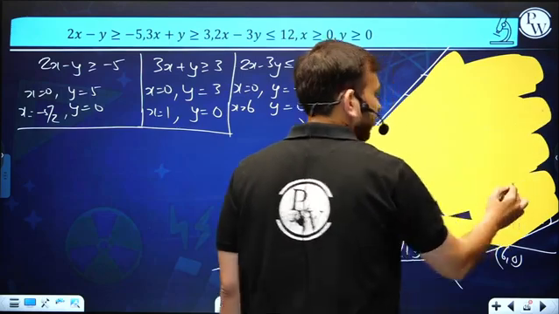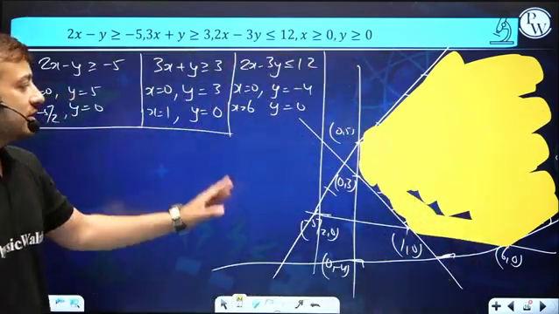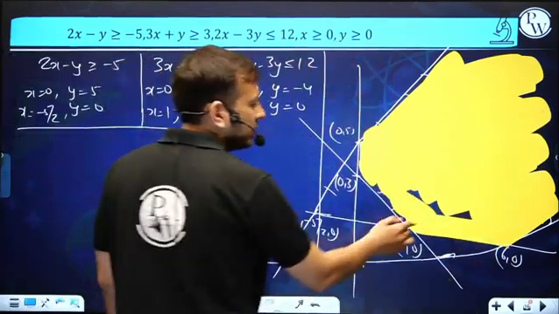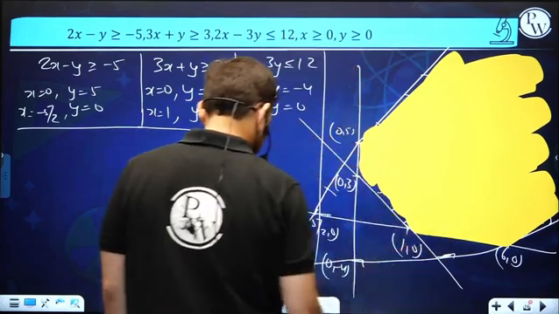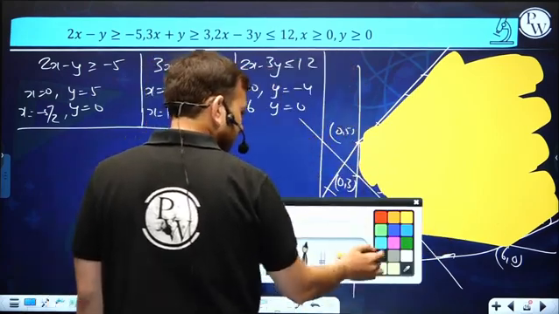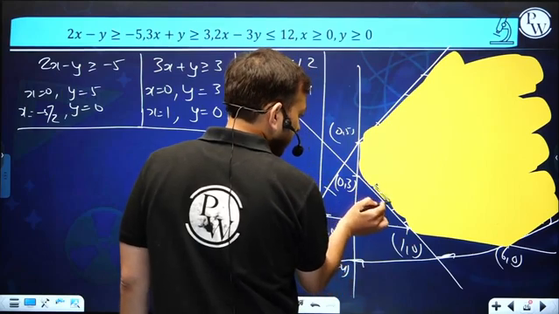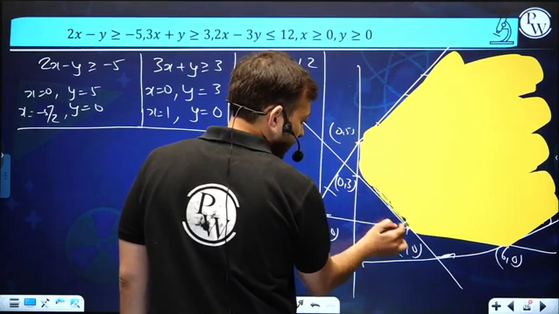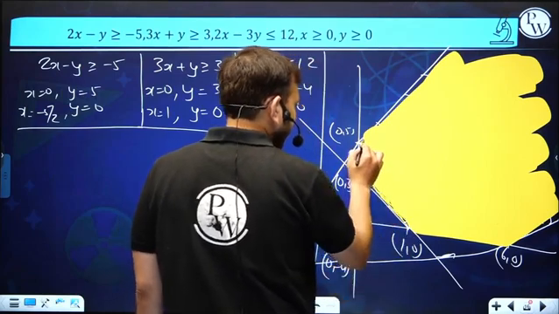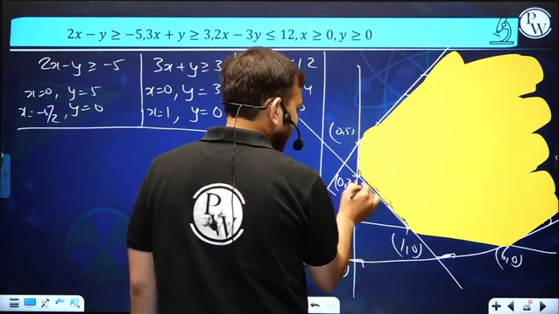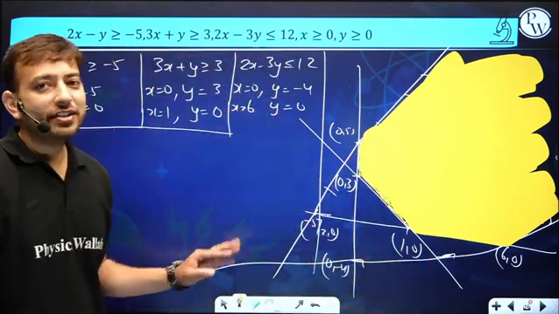I hope it's very clear. The common region is this part. Okay. Bright and clear. This is our common region. So it is unbounded, sir.